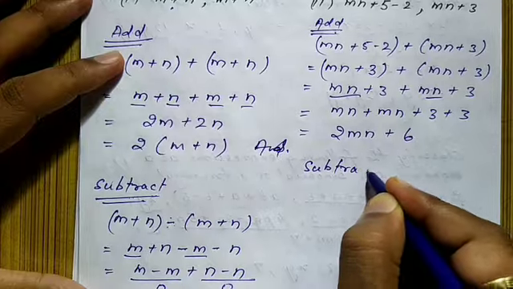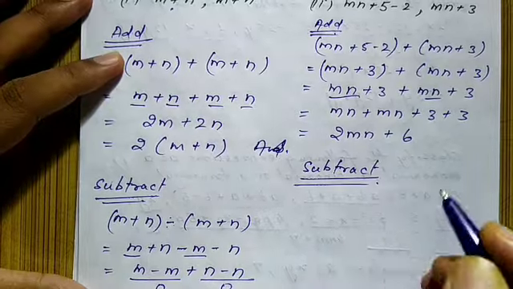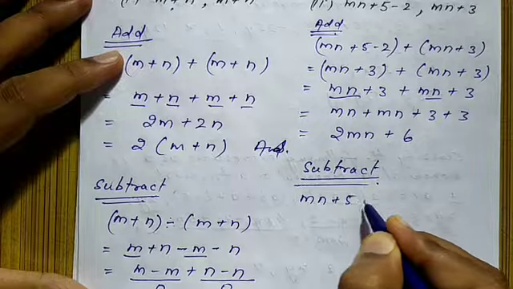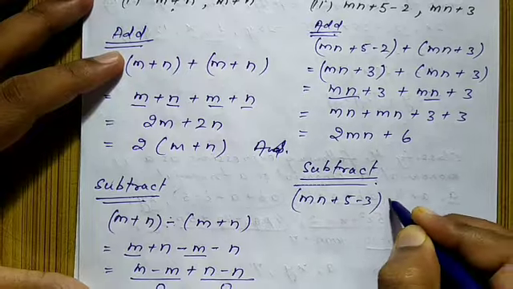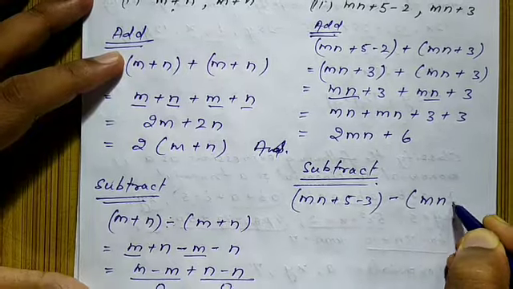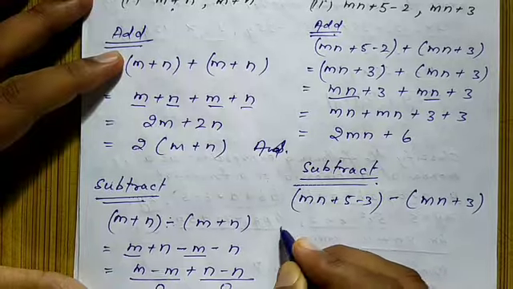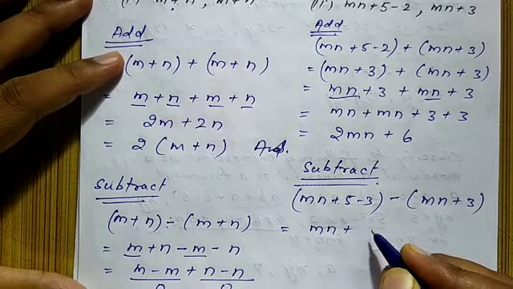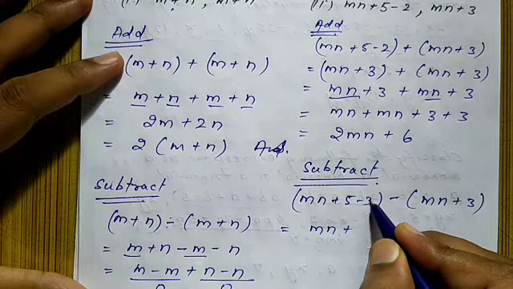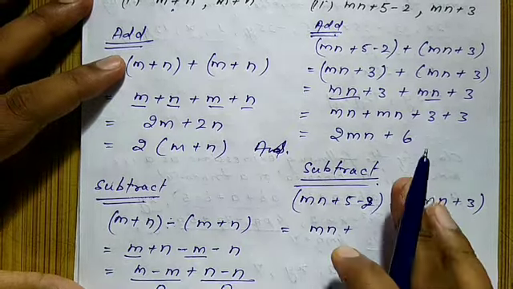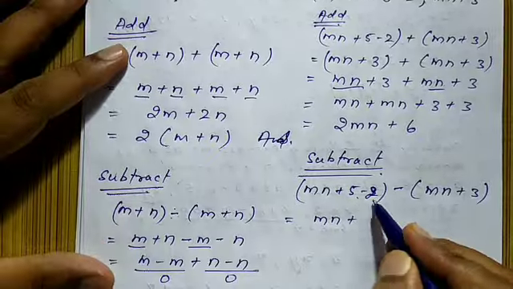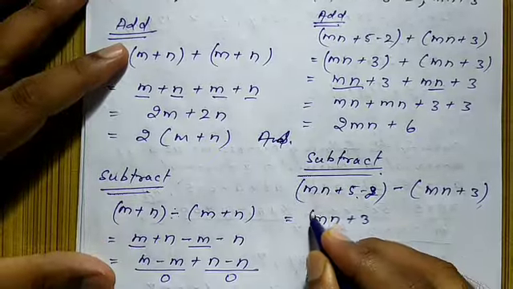After that, subtract these two. Okay, mn plus 5 minus 2, minus mn plus 3. Sorry, here 2 is given in the question. See here 5 minus 2, that is 3.